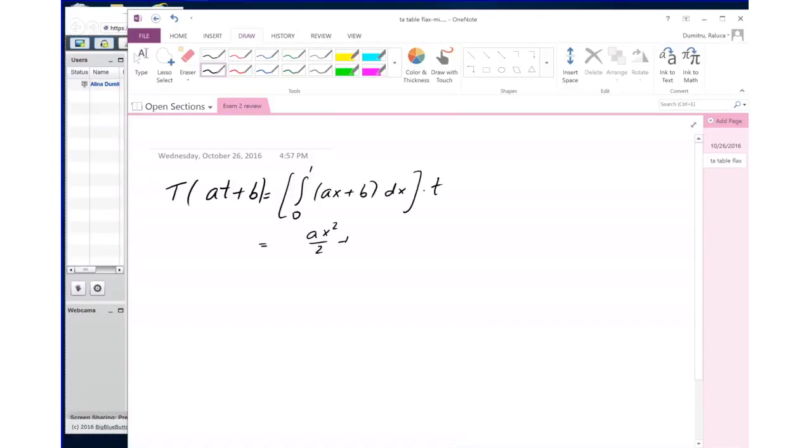And that's ax squared over 2 plus bx, evaluated from 0 to 1, everything times t. When you plug in 0, you get 0. When you plug in 1, you get a over 2 plus b, everything times t.